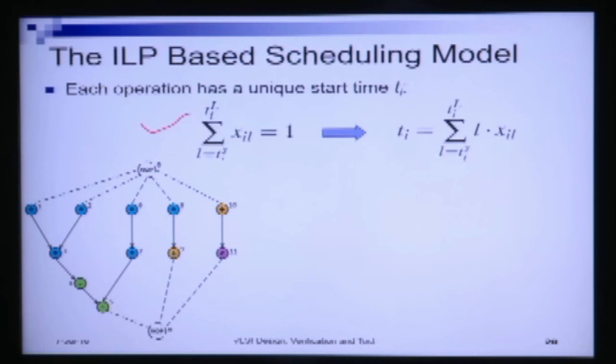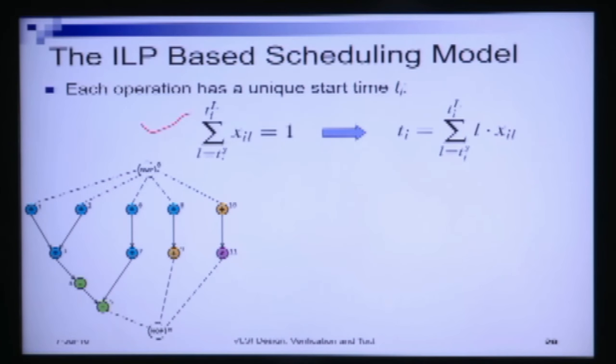Because x_il can only take value 0 or 1, x_il equals 1 when operation i is scheduled in time step l and x_il equals 0 otherwise. So, there can be only one value of x_il which will be 1 between its ASAP and ALAP times, and hence the summation of x_il equals 1.